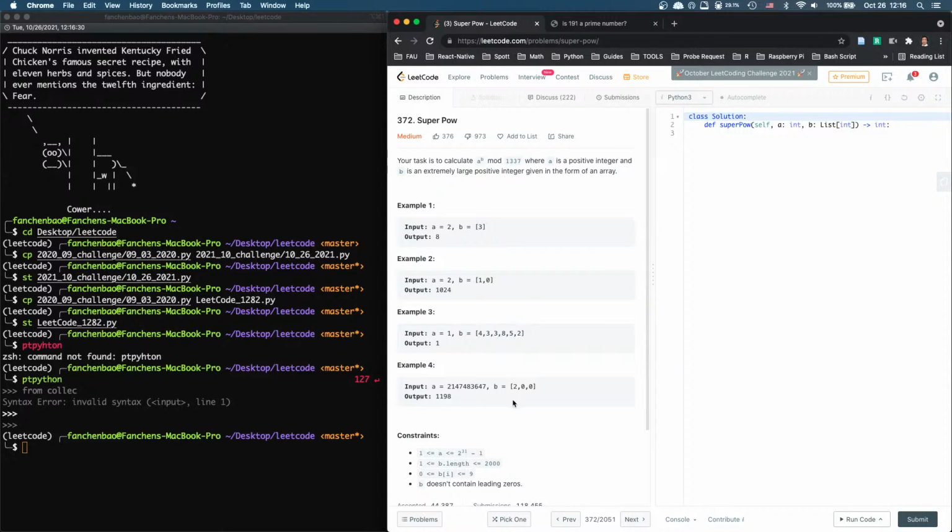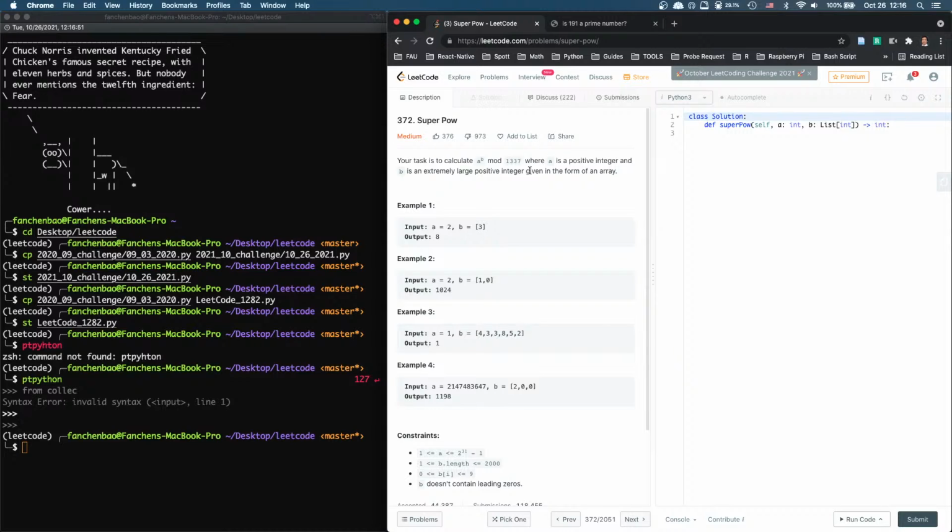So it's that value going for all these powers and mod 1337, right? Okay, so then we reduce the problem to something smaller, to a gigantic power, and that might work.